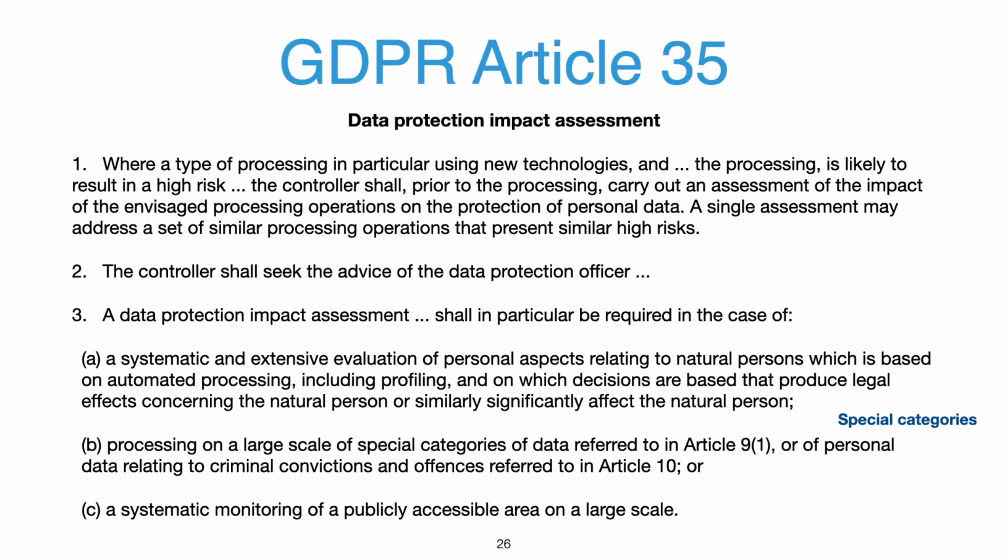It states that where a type of processing, in particular using new technologies, is likely to result in a high risk, the controller shall, prior to the processing, carry out an assessment of the impact of the envisaged processing operations on the protection of personal data. So when dealing with high-risk data, or indeed new technologies, the controller is obliged to consider potential problems and consider the issues and the risks in advance.